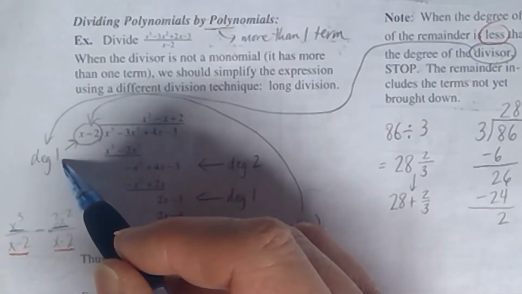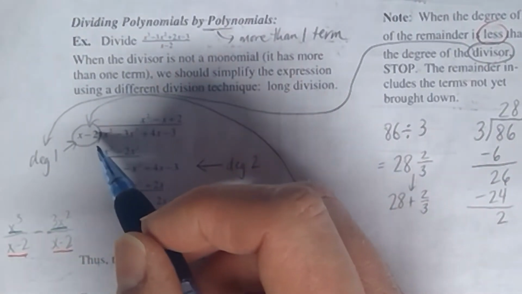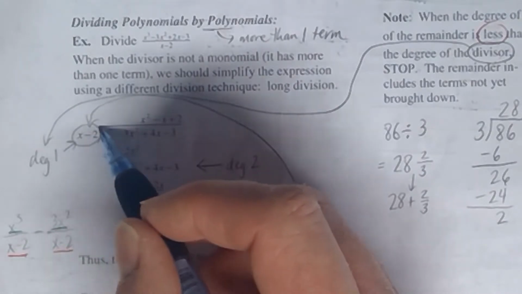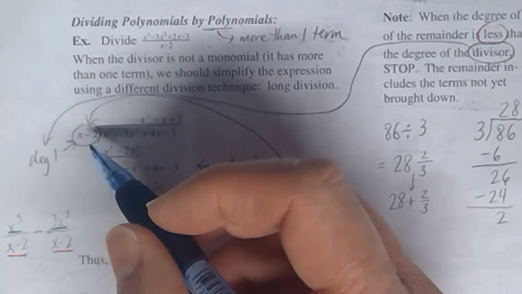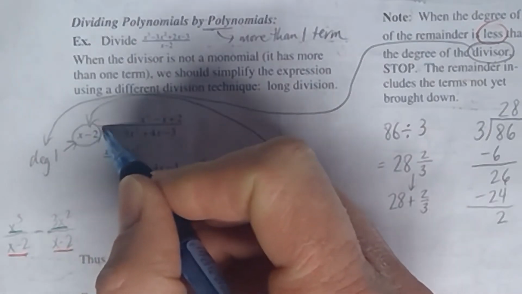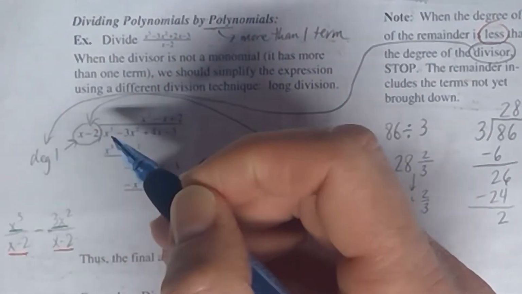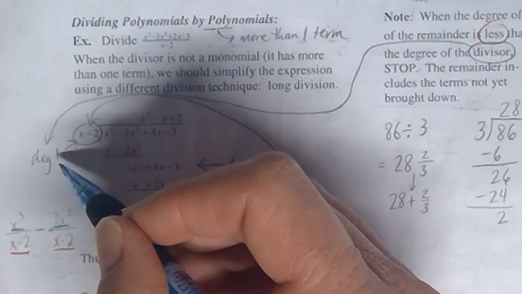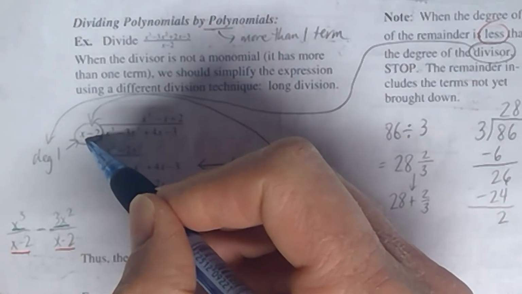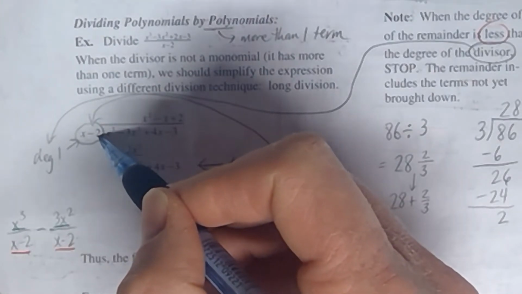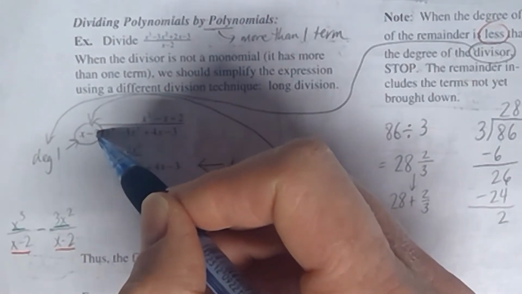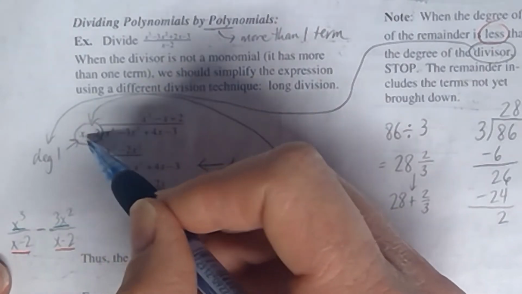This is a degree 1 polynomial because, as we've discussed before, when you have a polynomial, the term that has the highest degree, that number will be the degree of the entire polynomial. So since this is a degree 1 term, x to the first power, and this is a degree 0 term, because it's got no x at all, then this is a degree 1 term.